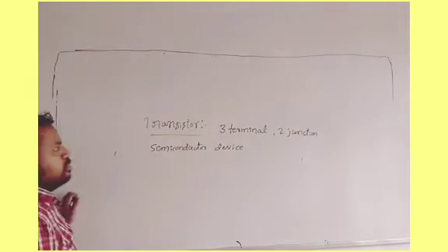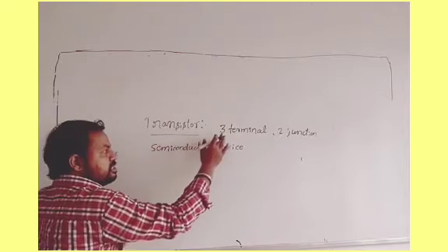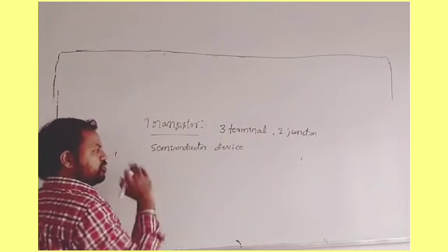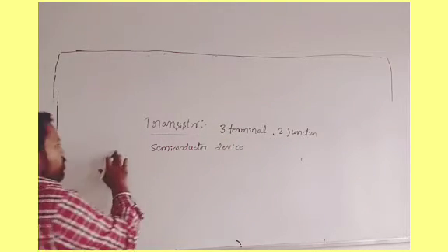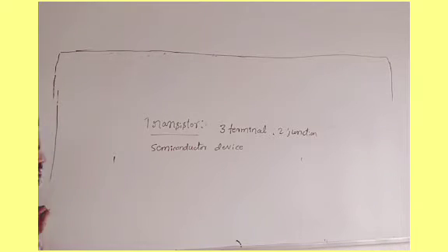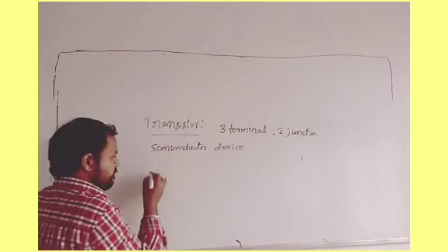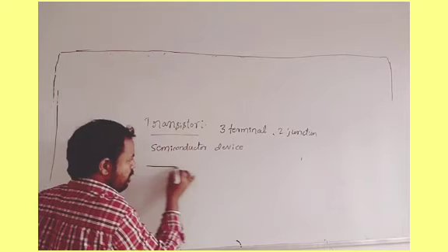The transistor consists of three terminals and two junctions. So we have an actual representation of a transistor. It is like that. I can write a block diagram here.